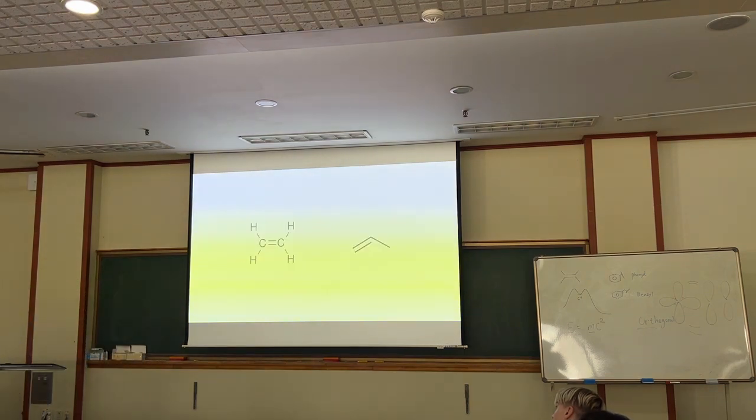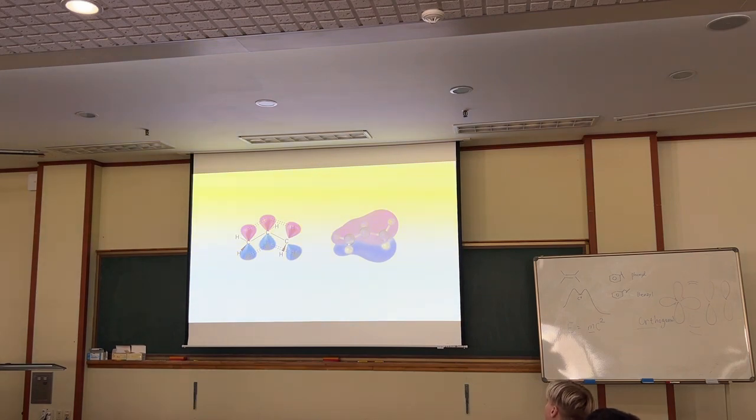Now, if it has one more methyl group here compared to this, actually it doesn't have a pi electron. But this CH bond, originally this was a CH3, the sp3 carbon. But if it's oriented so that this carbon is on the same plane, then there is a partial sharing effect.